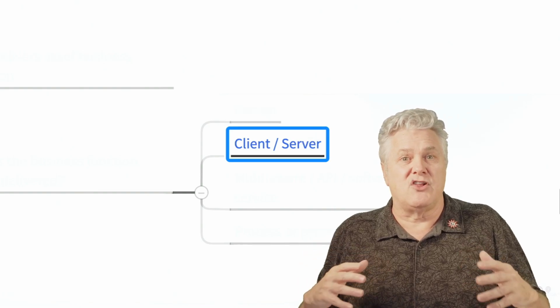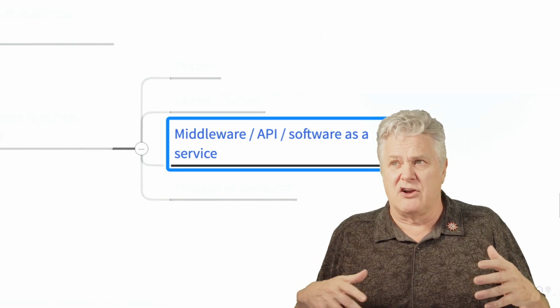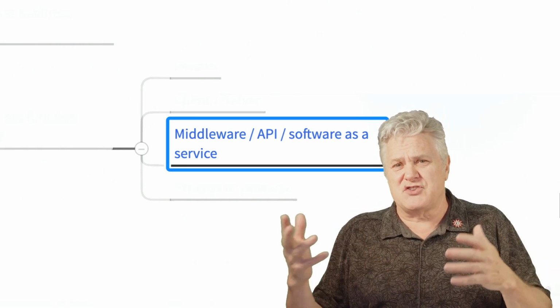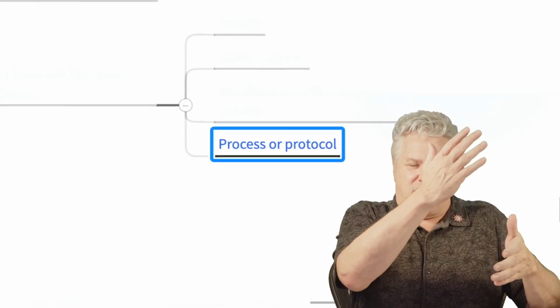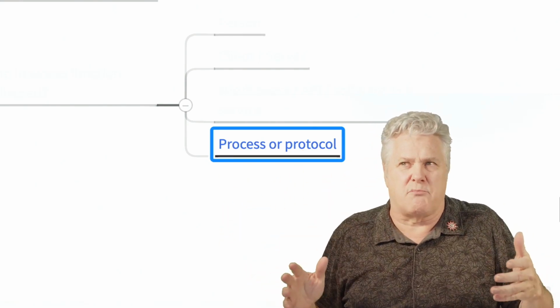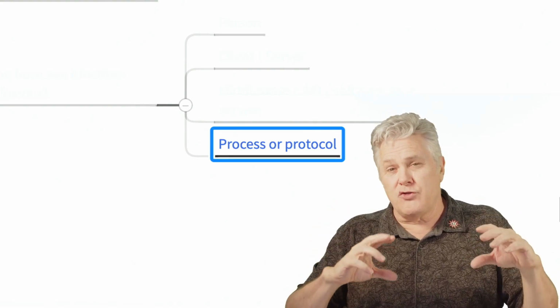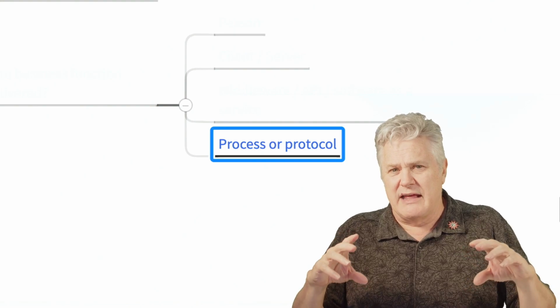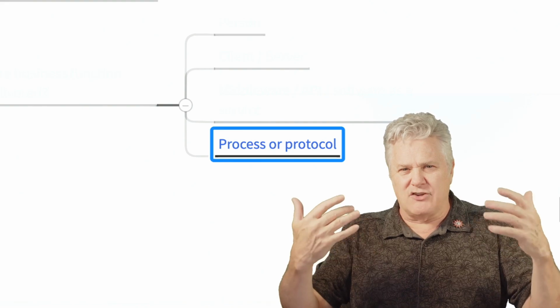Most of the time it's some sort of client server operation or some sort of middleware, like an application programming interface. And today we have a lot of software as a service that are handing things off, not going straight from client to server, but from client to server to client to server to client to server, and it keeps on getting passed down through all these different processes there. Now, what you want to focus in on is the process or the protocol that's actually delivering that. And so that's our asset delivery protocol. That lets us know what we have to look for threats and vulnerabilities in.